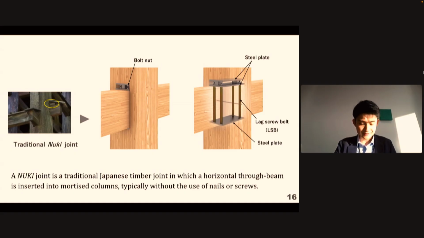For the Grand Ring, we modernize the nuki joint. We embed steel plates and drag screw bolts, then tighten the joint. So the columns and beams are clamped together, ensuring structural performance. In other words, we translate inspiration into engineering.